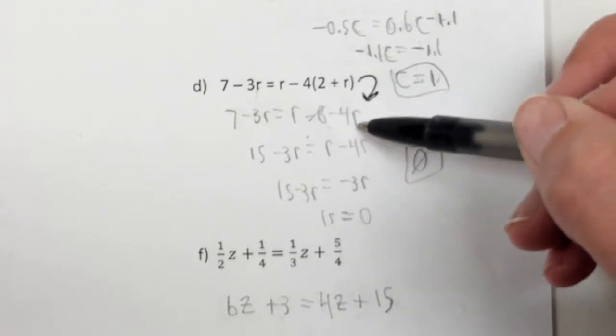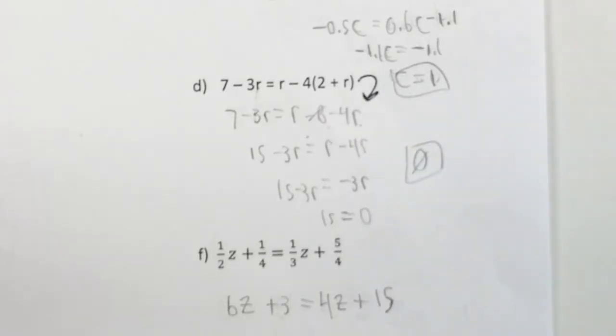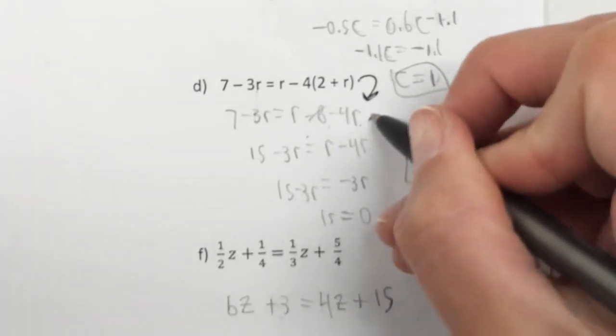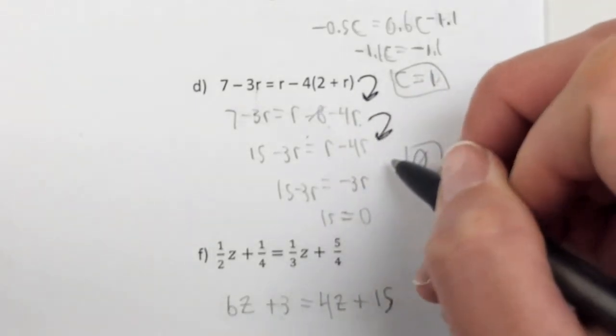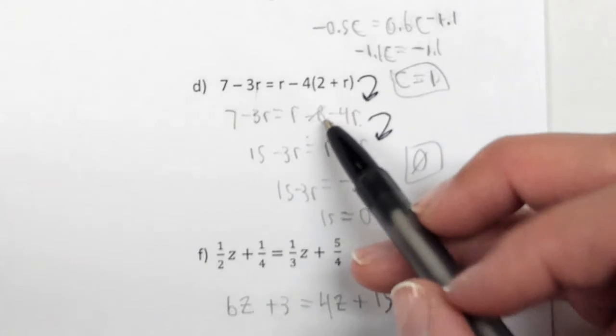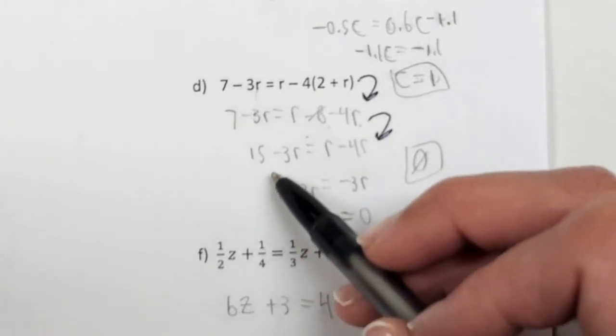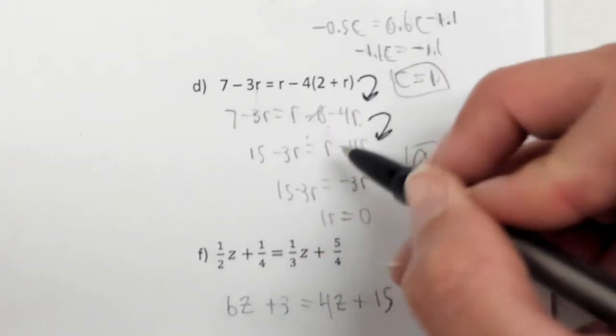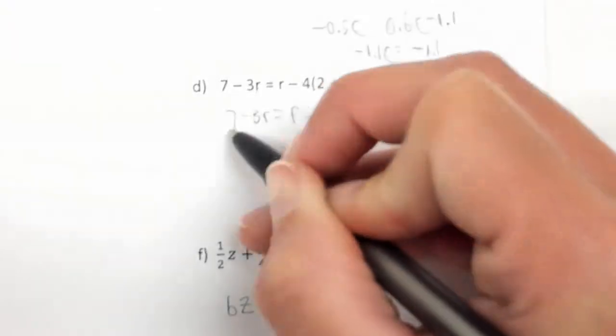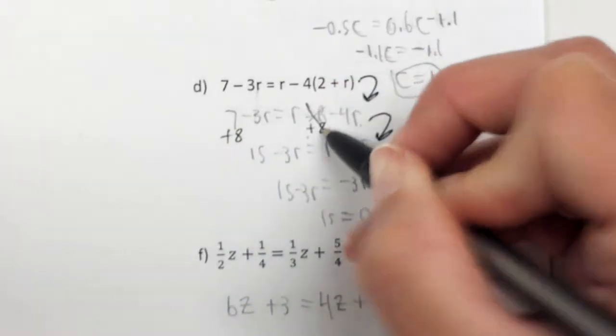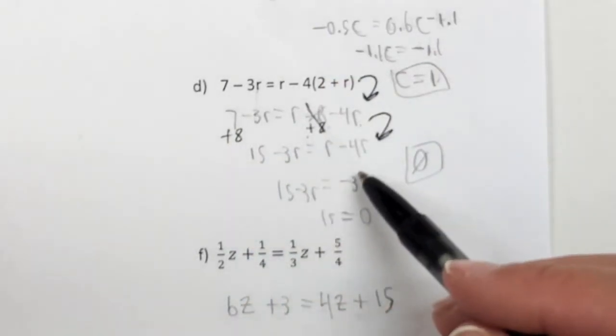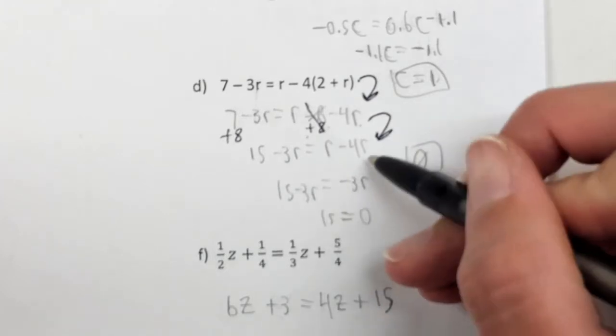Minus 8, minus 4. Good. Everybody okay with that step? Alright, from here to here, tell me what you did. I added the 8 over to the other side and got 15. Okay. And left everything else the same, right? So I'm going to write that in if you don't mind. Plus 8, plus 8. So that canceled out. Everybody got to here okay? Cool.